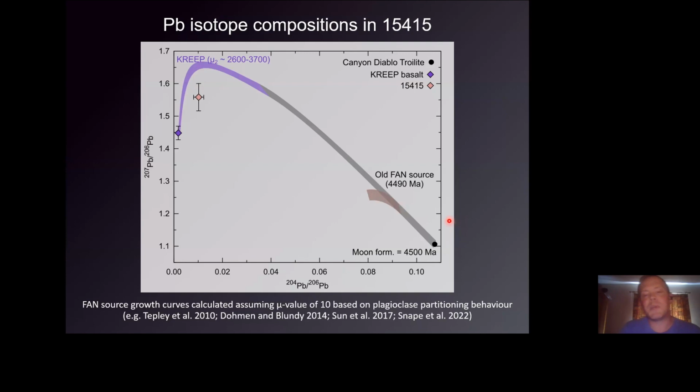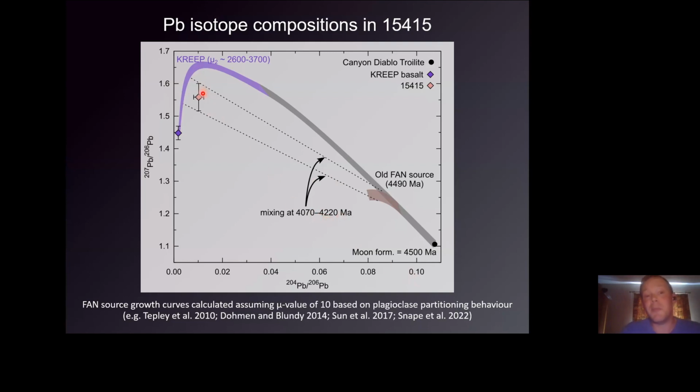And then because these growth curves, both for the FAN source and the KREEP source, I've calculated to the same end point in terms of time, we can create mixing lines between common time points that would correlate to what we see in 15415. And so the two mixing lines here correlate to ages that are about 4.1 to 4.2 billion years.